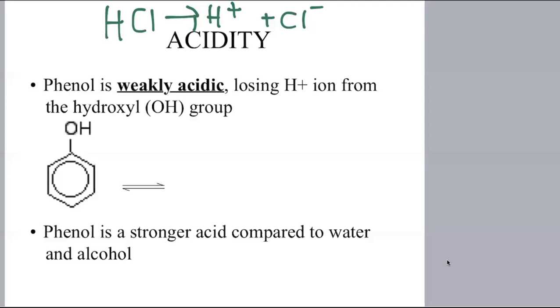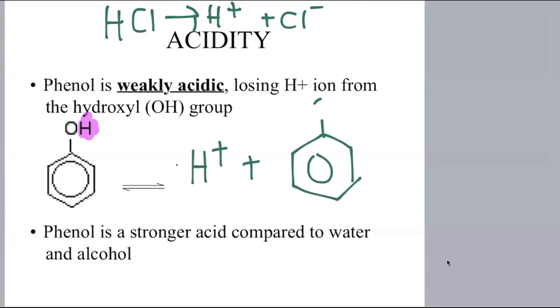So when phenol dissociates, you will lose the hydrogen on the hydroxy group, not the hydrogen on the benzene ring. Like usual, you will release H plus and you will form an anion. In the case of phenol, the anion that we form is called a phenoxide.